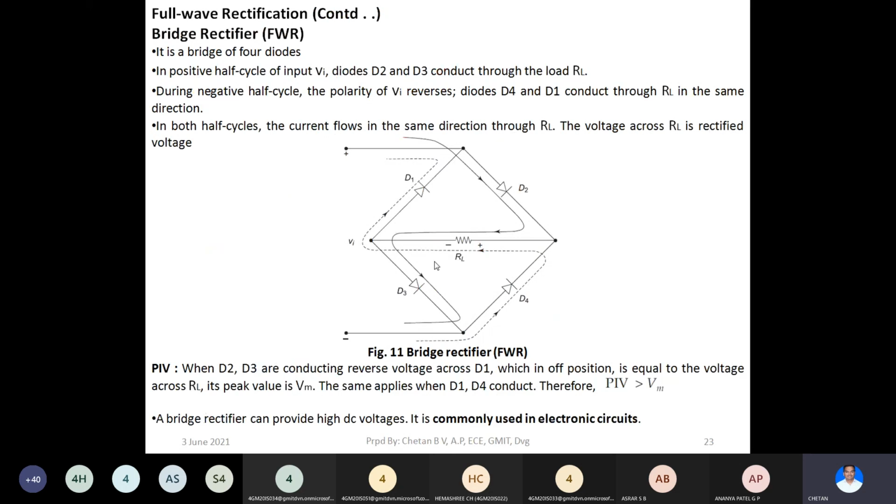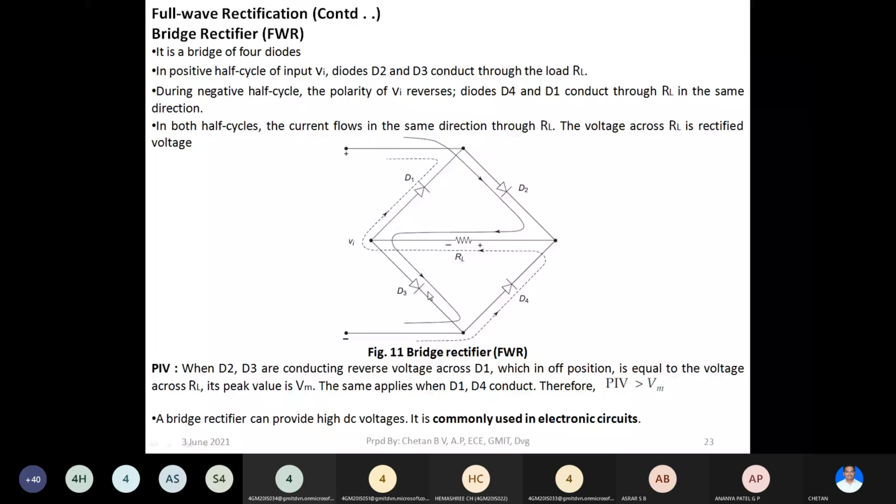If the diodes are non-ideal, what would happen is whenever D2 and D3 are conducting during the positive half cycle, there would be a small amount of voltage drop across this, equal to VT, right? Similarly, there will be a small amount of voltage drop across this D3 also, which will again be equal to VT, right?